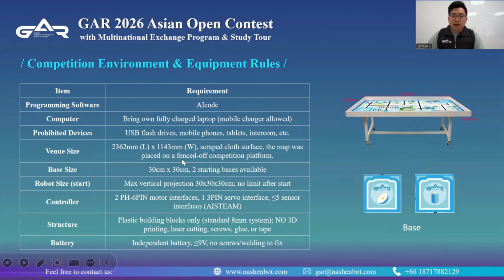The map is placed on a fenced-off competition platform, a table with a wall. The base size: for Version A, we have two bases, each 30 by 30. We have two bases available.